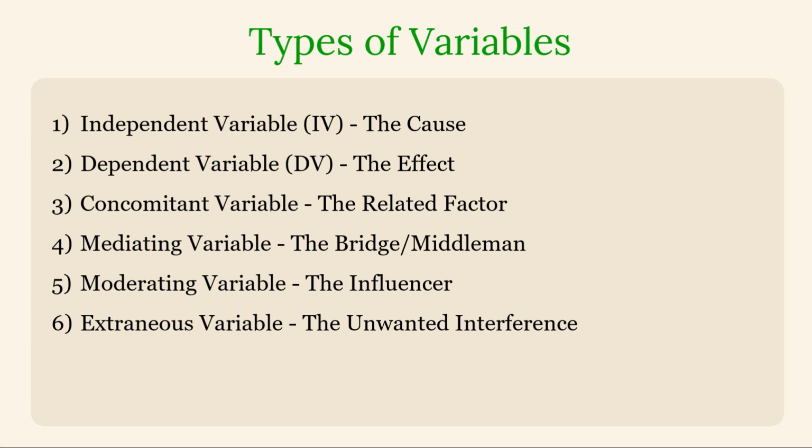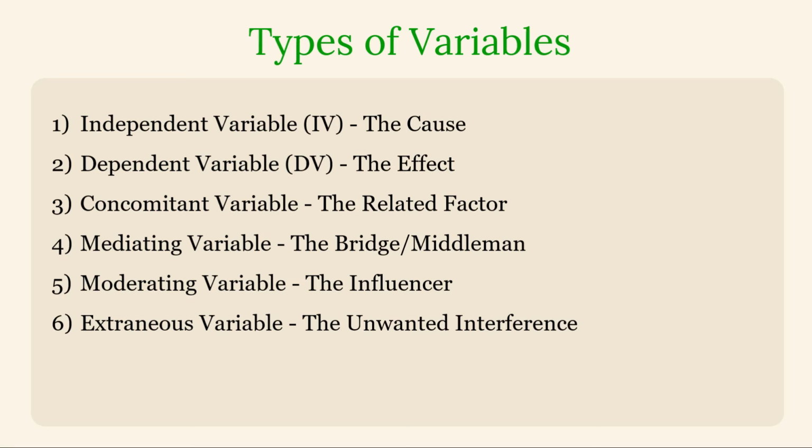The next type of variable is the mediating variable, which is also called the bridge or middleman variable, as it mediates the impact of the independent variable on the dependent variable. The fifth type is the moderating variable, also called the influencer variable, as it modifies, either positively or negatively, the impact of the independent variable on the dependent variable.